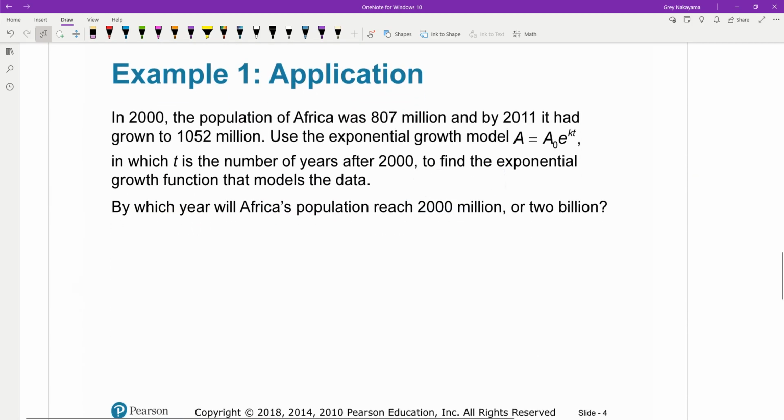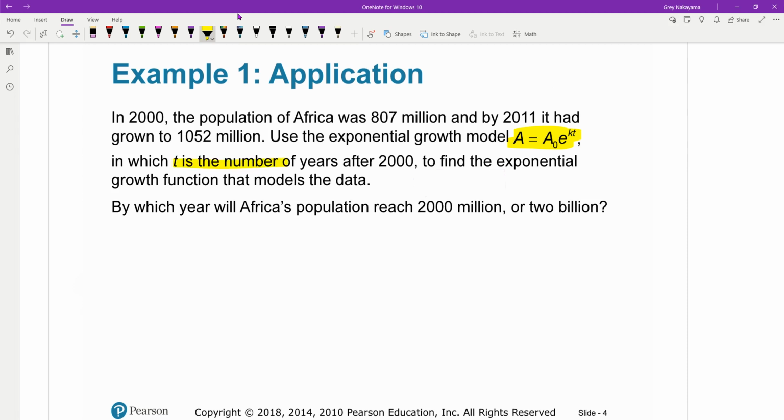First off, example 1. In 2000, the population of Africa was 807 million, and by 2011, it had grown to 1,052 million. Use the exponential growth model, this right here, in which t is the number of years after 2000.